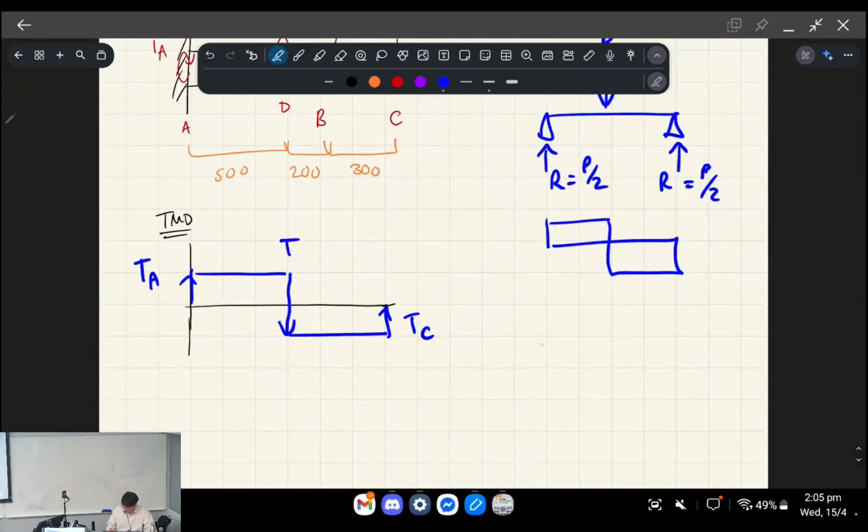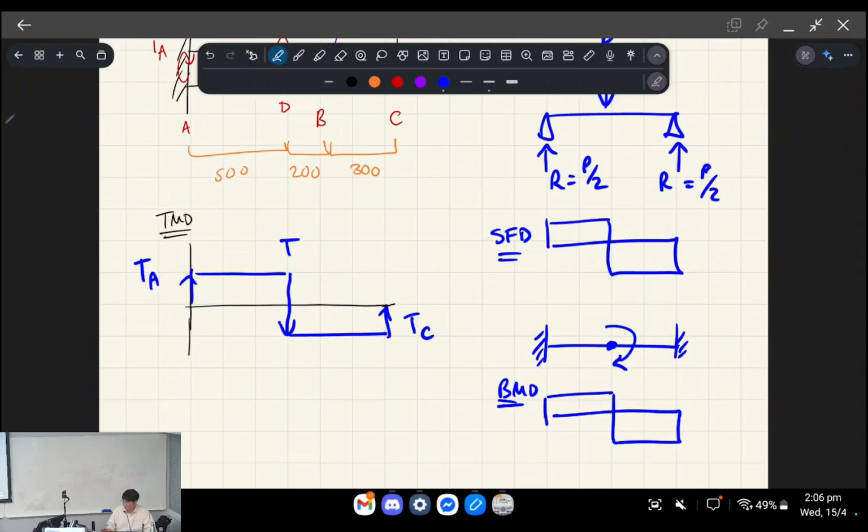If you have a moment here and a moment there, and you apply a point moment in the middle of this, the bending moment diagram, rather than the shear force diagram, for a beam also looks like that, basically.